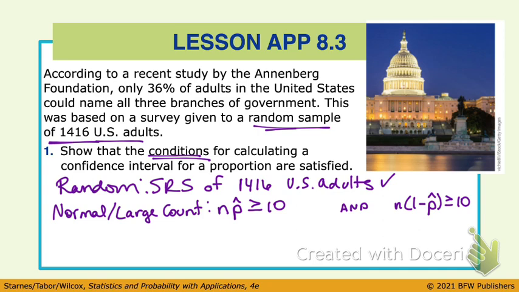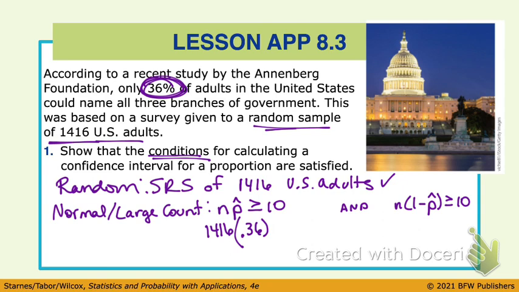So n is our sample size, 1,416. It says here the proportion of the sample that could name all three branches of the government was 36%, so that's 0.36. And so we're going to multiply the sample size of 1,416 by 36%.